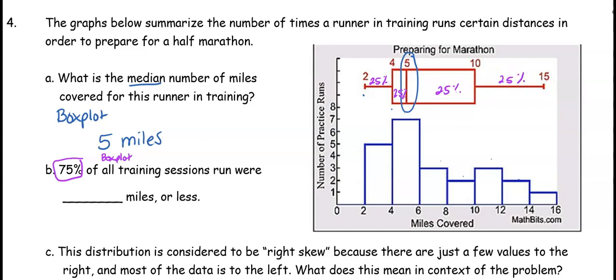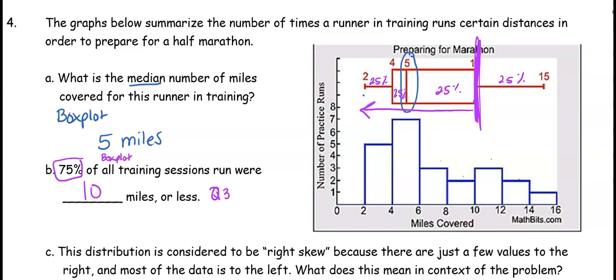So 75% of all training sessions were here or less. So I want 75% of my data to be below this amount, which means we're looking right here with 75% below, which is our Q3 value, which is 10 miles.